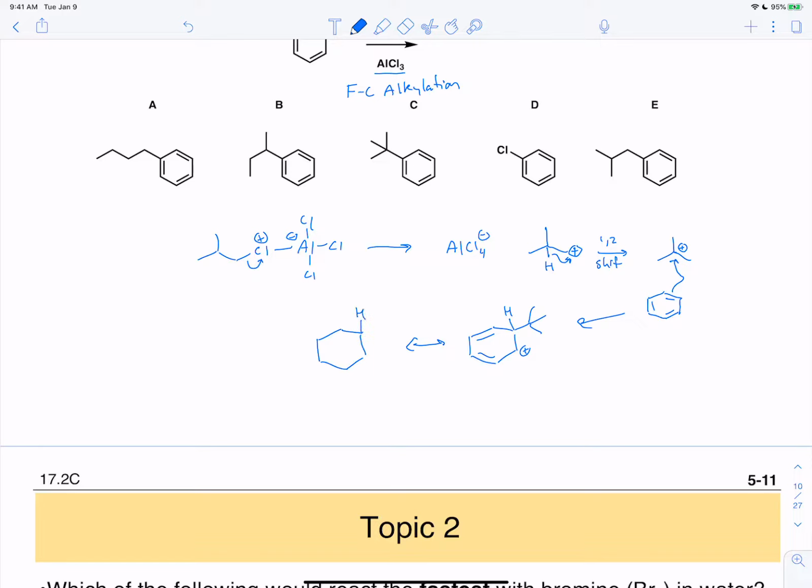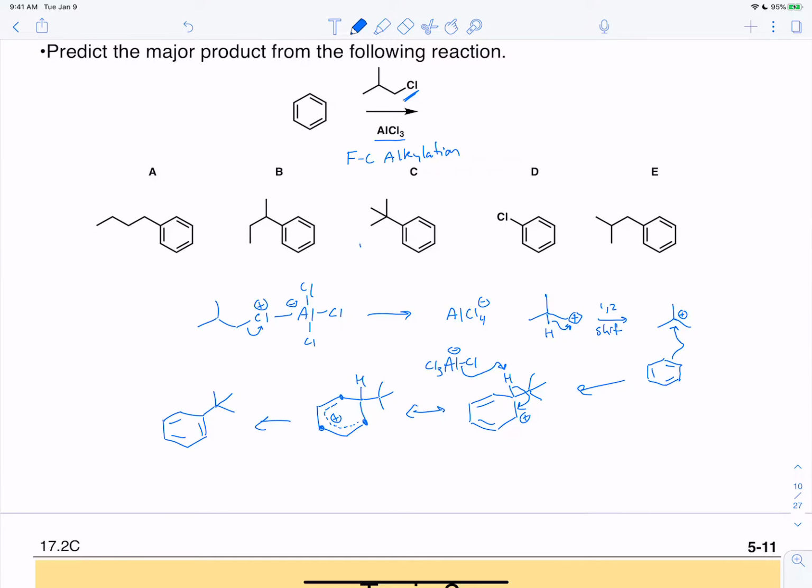A lot of times you can see these ions looking almost like they're delocalized with a positive charge shared across these three alternating carbons. In the end, your tetrachloroaluminate can come back, give up its chloride, and we will remake the aromatic system. And we'd end up with a tert-butyl group. So this would give us C as the expected product.